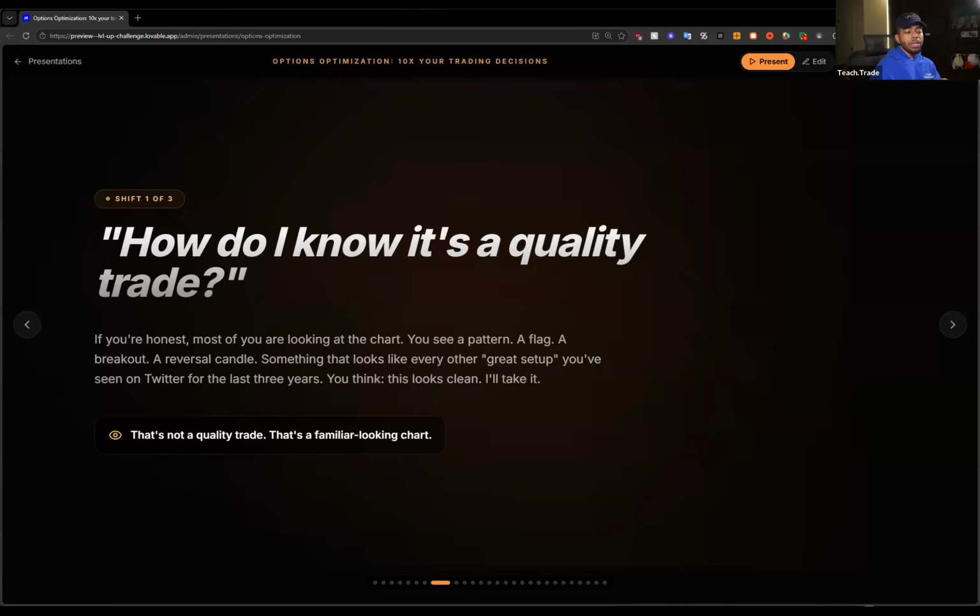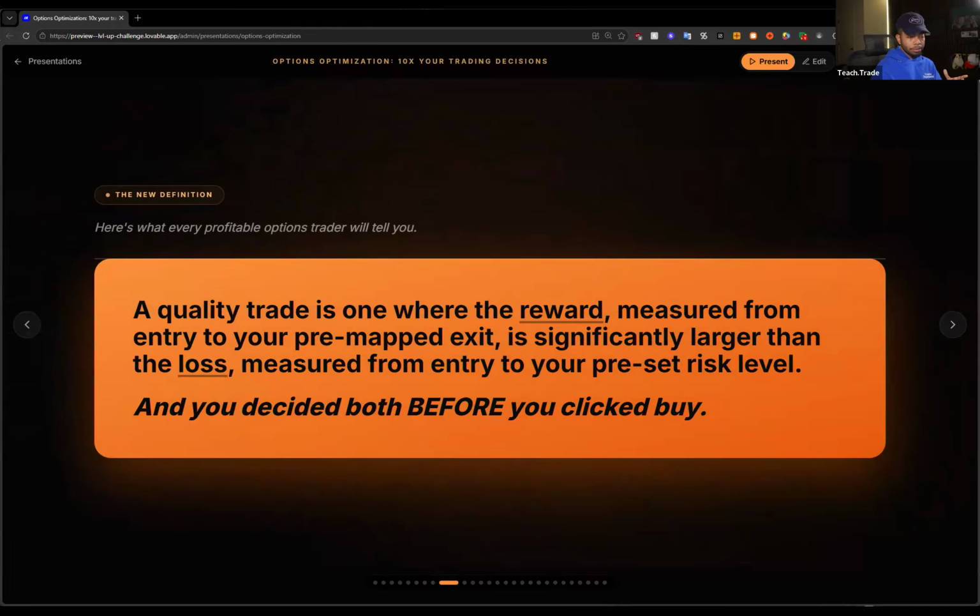What every profitable options trader will tell you about a quality trade is that it's one where the reward, measured from your entry to your pre-mapped exit, is significantly larger than the loss, measured from your entry to your preset risk level.